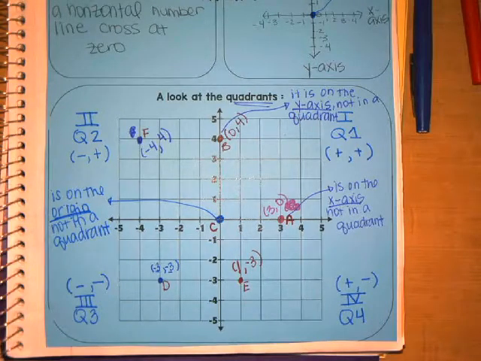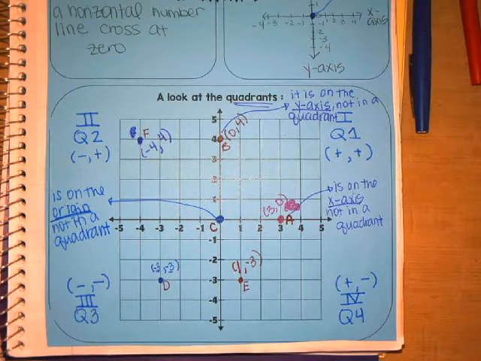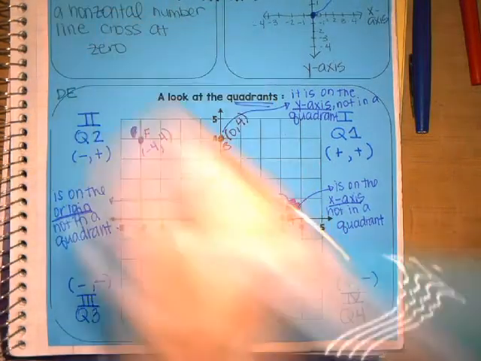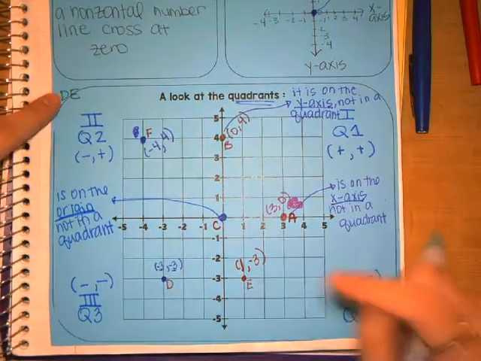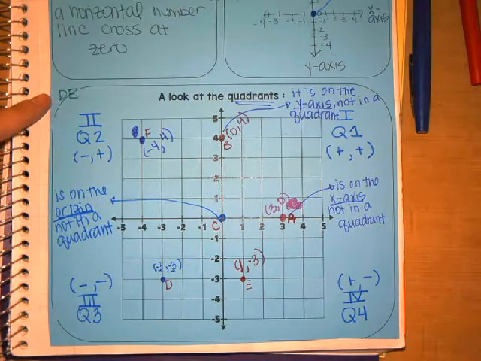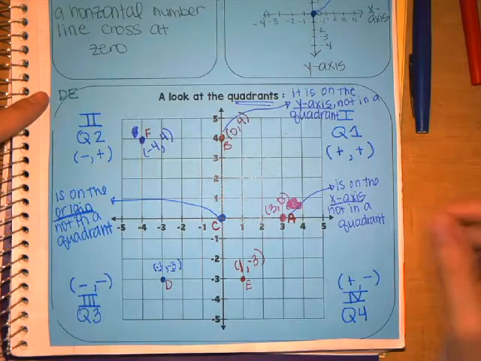So besides knowing the quadrants, being able to plot points, and being able to tell me the ordered pair of a point that's plotted, you have to be able to tell me the distance between 2 points. So if I ask you for the distance from D to E, distance meaning how far apart are they?